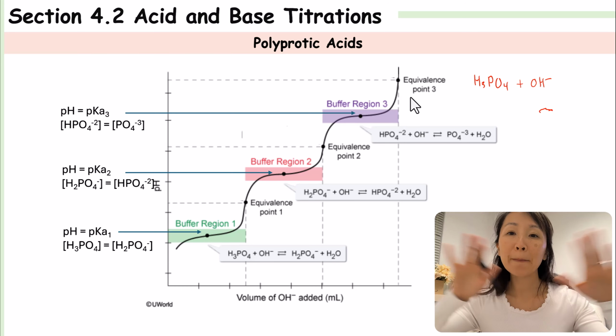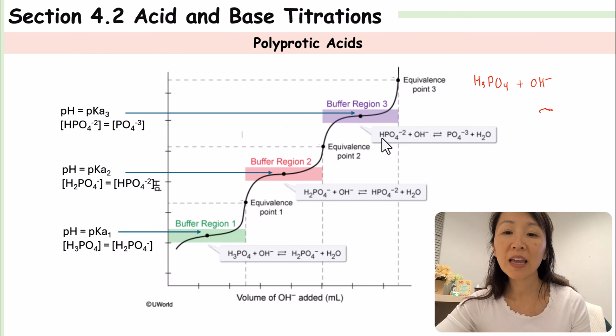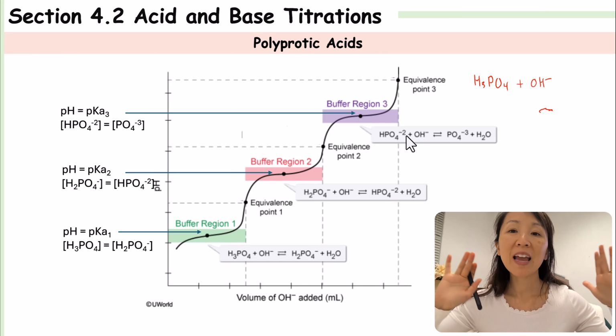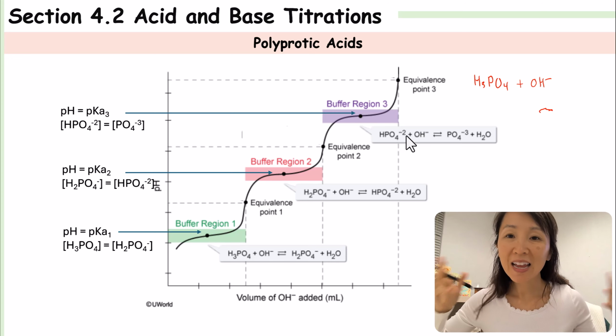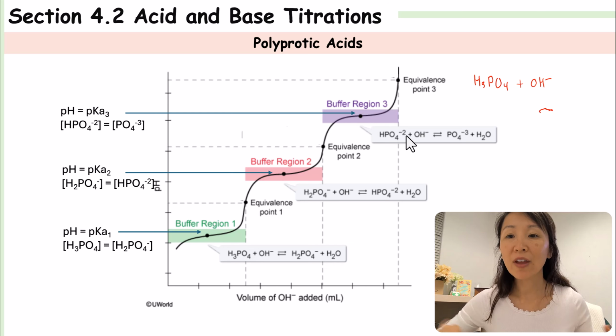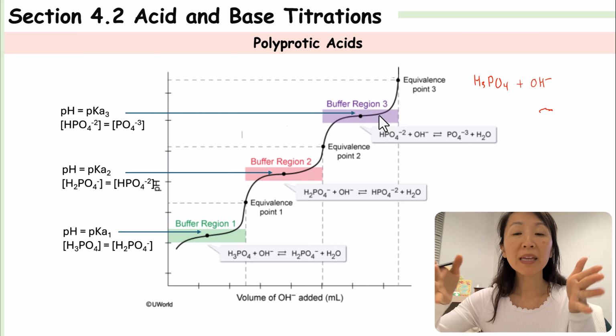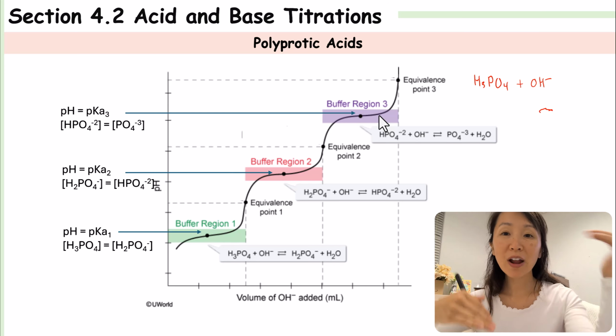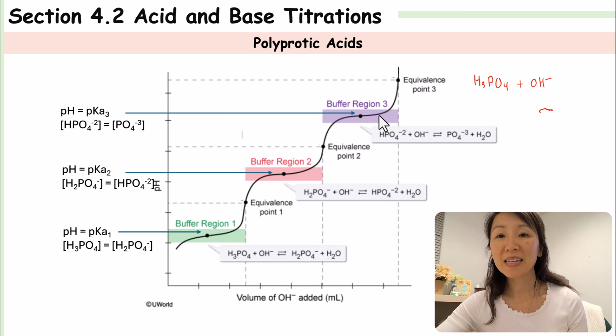You are completely out of the HPO4 2 minus. All of the potential acid has been taken care of and has formed water. Also, as you go towards this step here, the pH is increasing because you're adding more and more base.